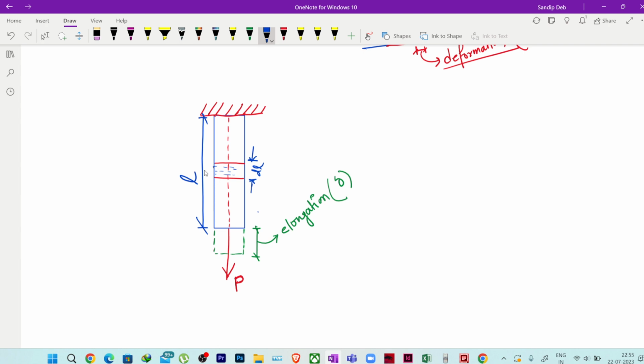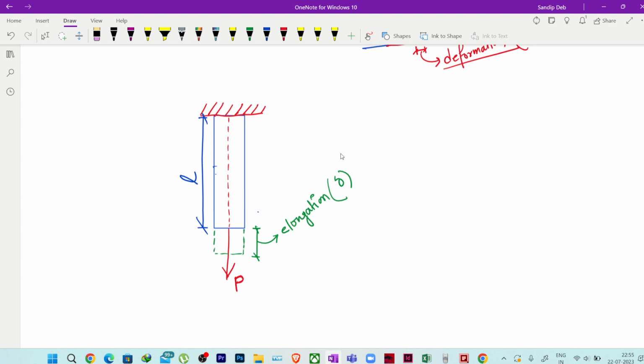That means it will be uniform at any point of this particular bar, as we are considering that the load is totally acting along the direction of the axis, there is no deviation. So it will be uniformly elongating at any section. So this is not required actually. Now we will come to this point later. Fine, so this is my L total length, and this elongation I have considered as small delta.